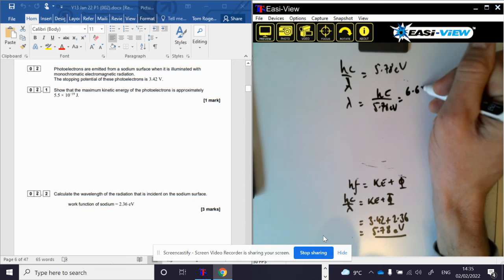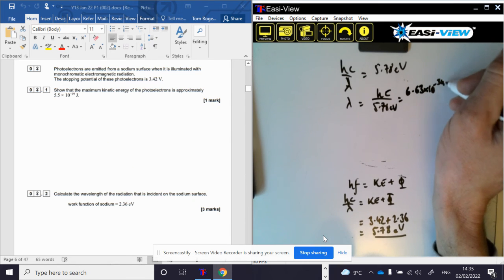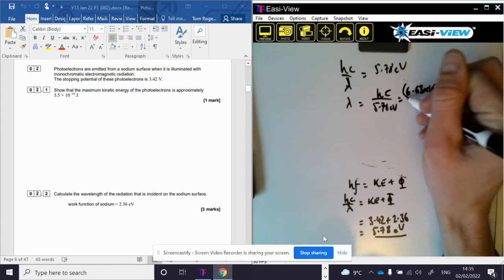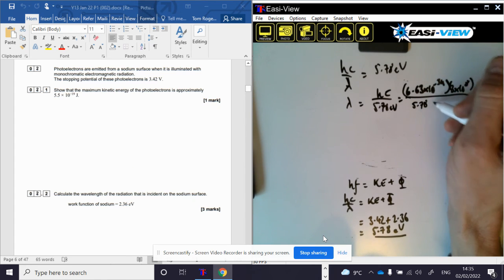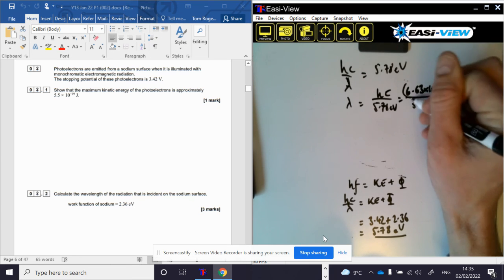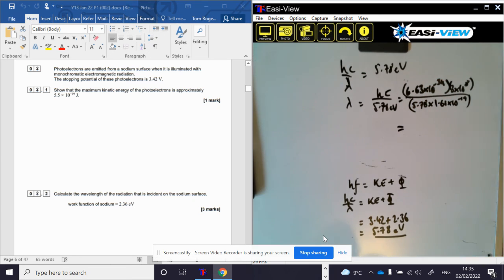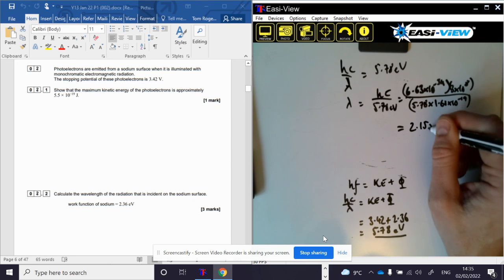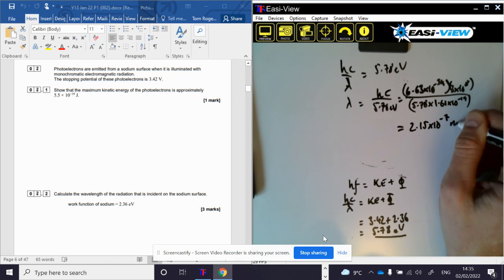So I've got 6.63 times 10 to the negative 34 times the speed of light, divided by 5.78 times 1.60 times 10 to the negative 19. I can work that out, and that will give me my value for lambda, which ends up as 2.15 times 10 to the negative 7 meters.